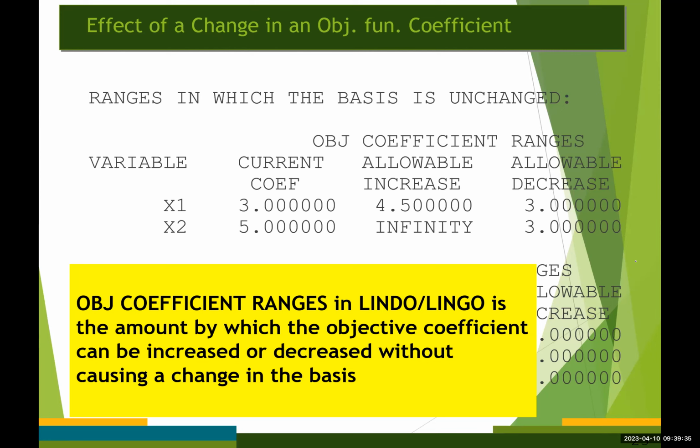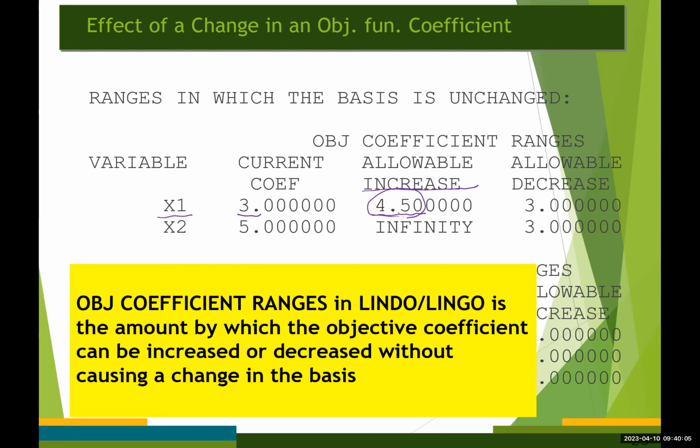And the current value of C1 is 3, right? And here, 4.5 means that the coefficient of variable x1 can be increased by this amount without causing a change in the basis.